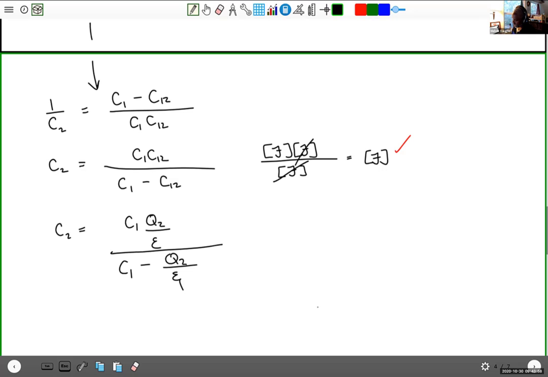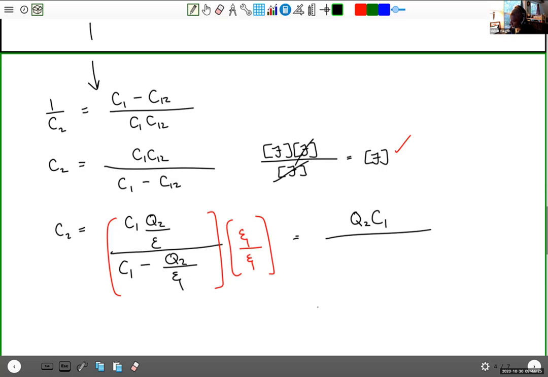Algebraically, I like to make things a little bit cleaner before I plug in numbers. So I'm going to multiply the numerator and the denominator by the EMF of the battery. What that allows me to do is write in the numerator the product of the charge on capacitor 2 times the capacitance of capacitor 1.